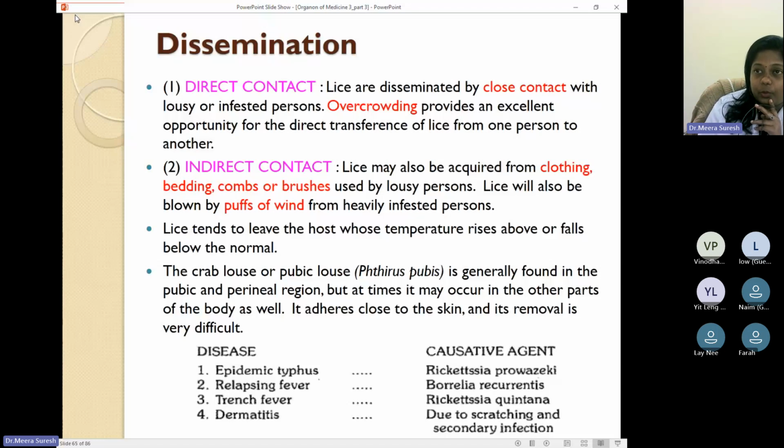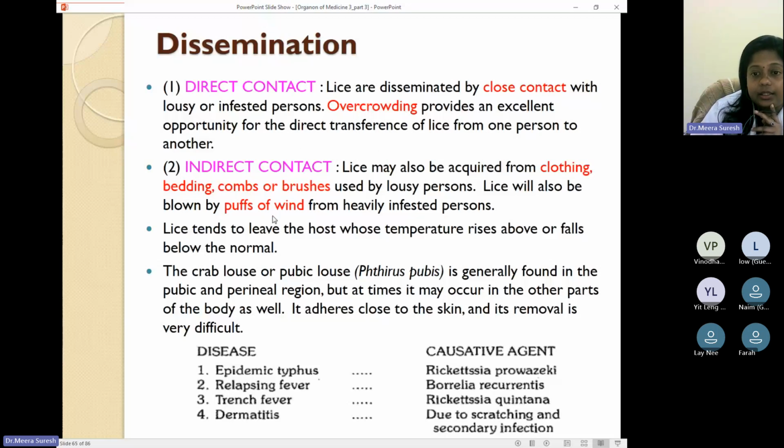One or 2 days later, even the child who didn't have lice on their head will start to itch. So direct contact is a very important way by which lice are disseminated.